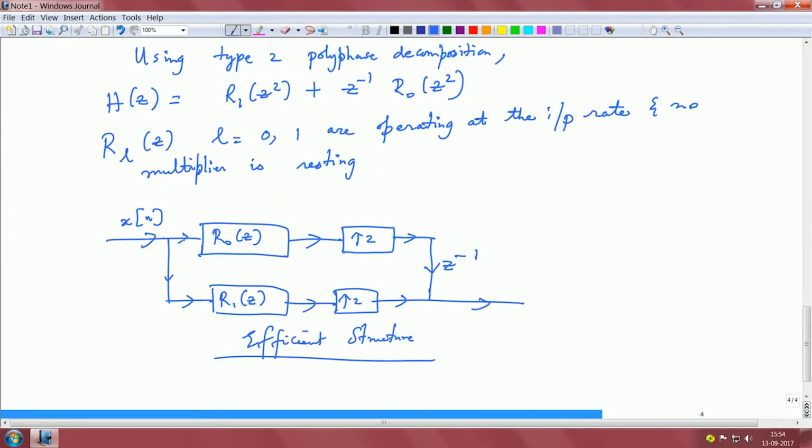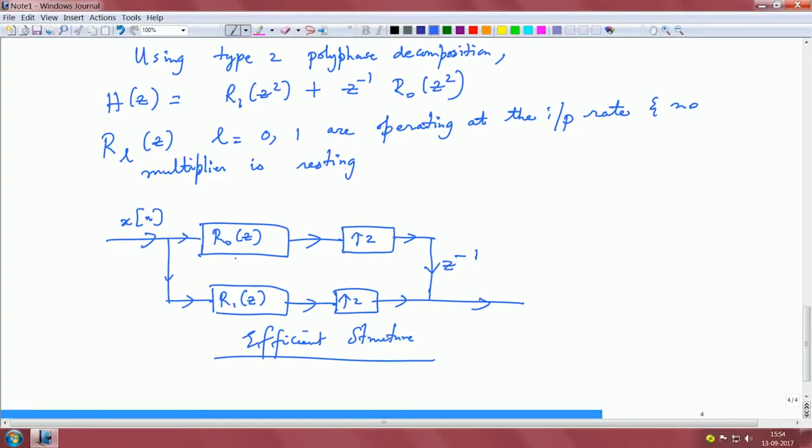So it is upsampling followed by filtering through polyphase, and then what we do is basically group the structure very carefully like what we did in the decimation filters. So we swap, using Noble identities, the upsampler and the reduced order filter, and we have an efficient architecture for doing interpolation.